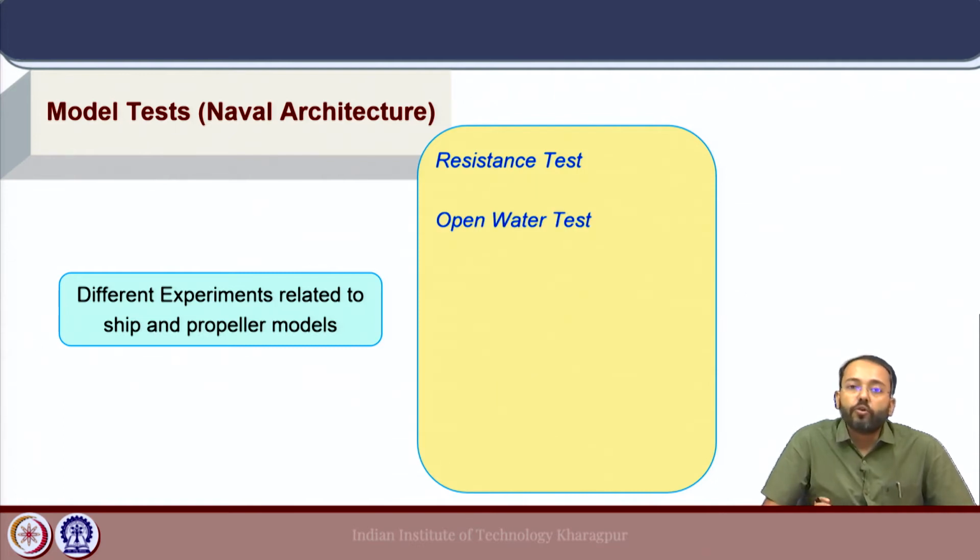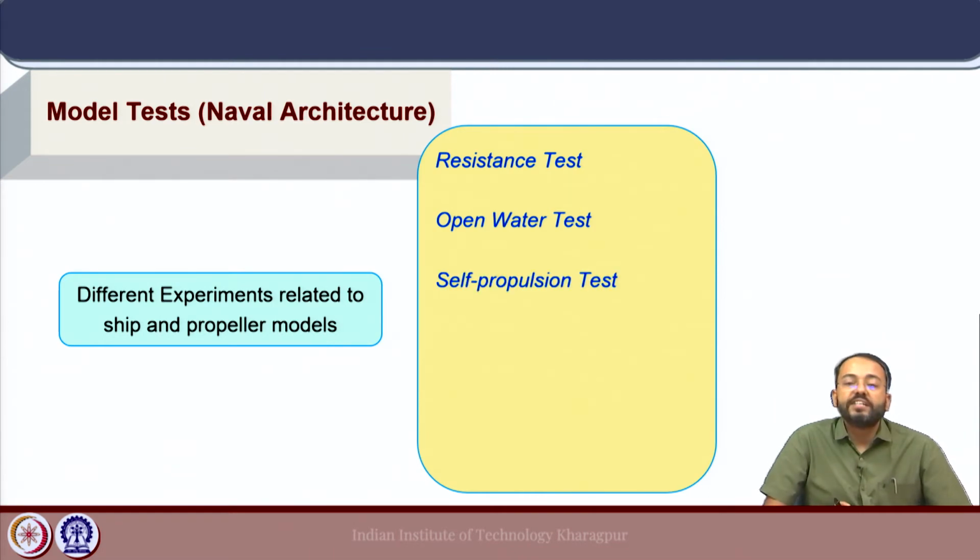Next, for the open water test, we assess the open water performance of the propeller, that is, we measure the thrust and torque characteristics of the propeller for uniform inflow condition where we do not have the ship hull.